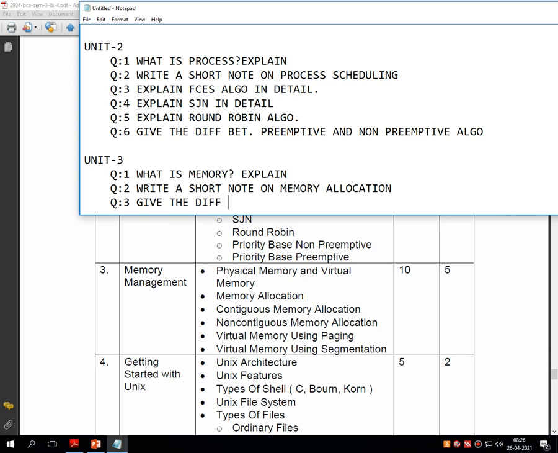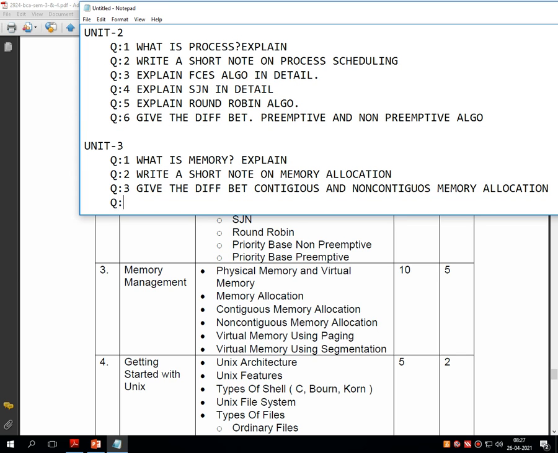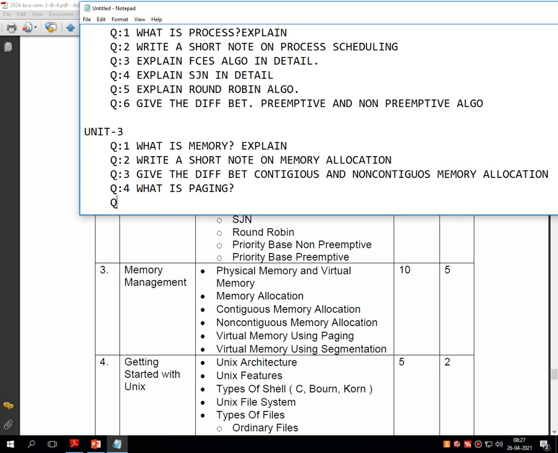Give the difference between contiguous and non-contiguous memory allocation. What is paging? What is segmentation?